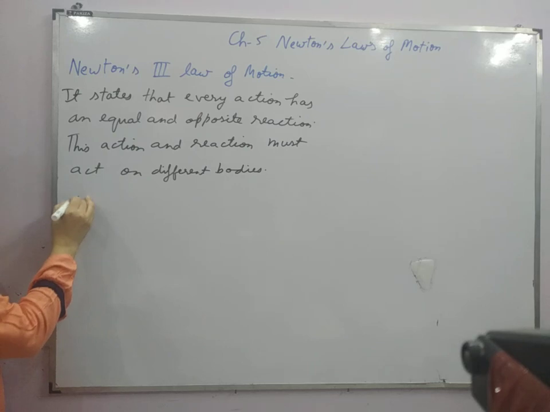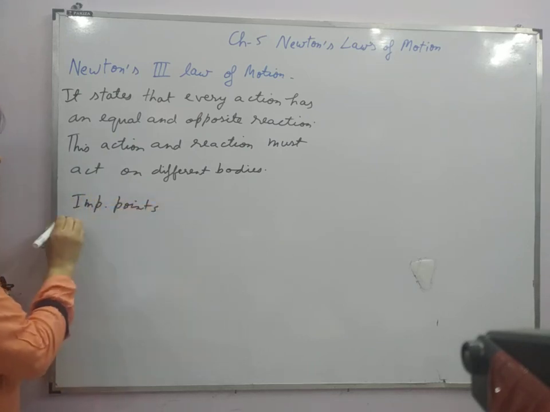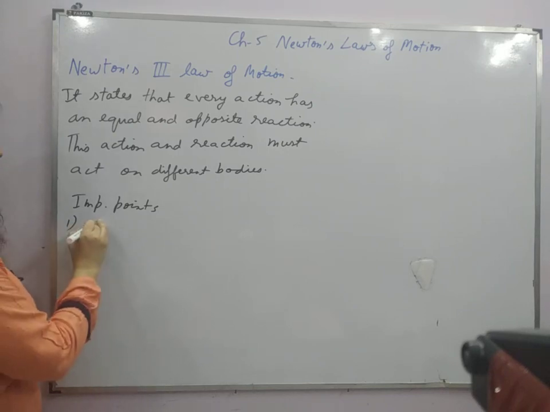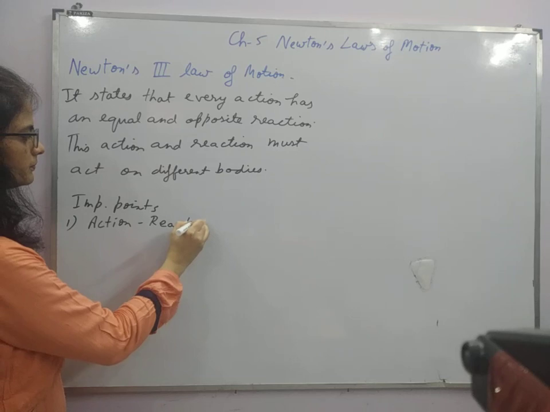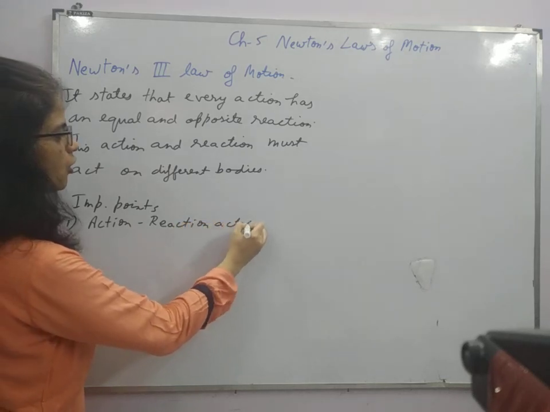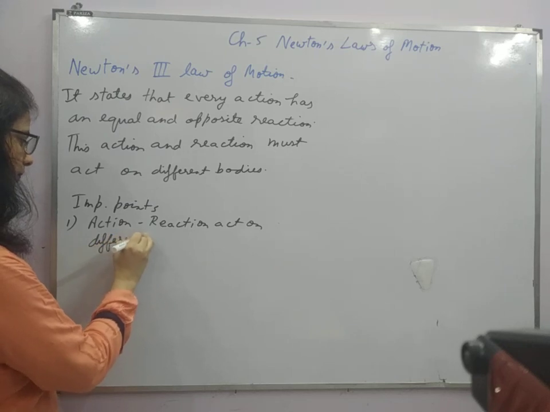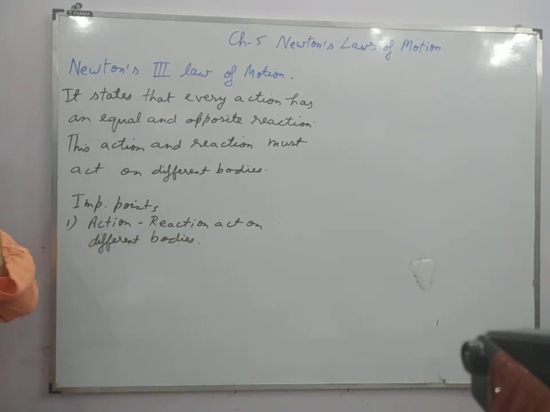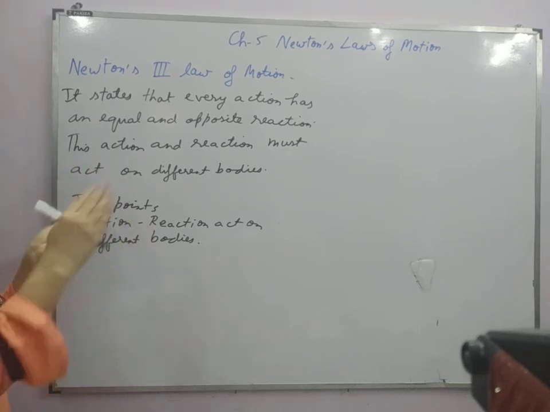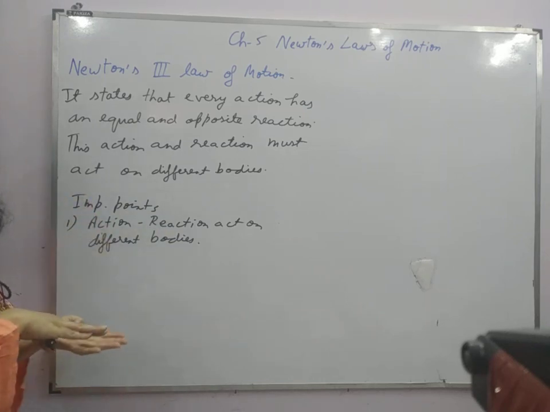From here we can infer some important points. The first point I have already stated: this action and reaction act on different bodies, right? And of these action and reaction forces, any one can be considered as the action and the other one as the reaction.